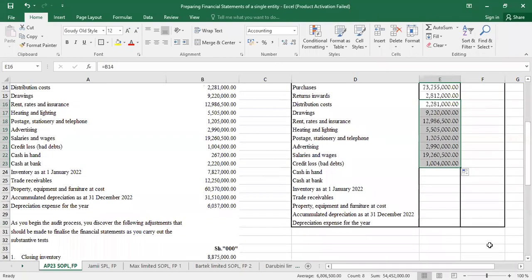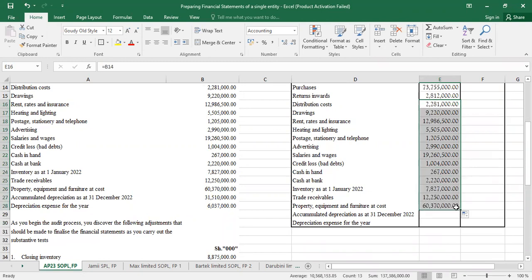Then we have cash in hand. So cash in hand also has a debit entry because it's an asset, isn't it? Followed by cash at bank, also inventory, also trade receivables, also property, plant and equipment, isn't it? So I'll just drag again up to property, plant and equipment.